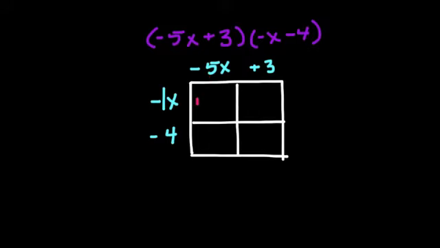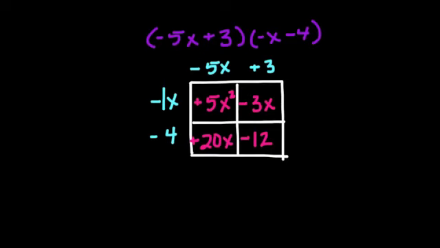That's actually going to leave me with a positive 5x squared, again because that's two x's. Then I have negative 1x times 3. That would leave me with negative 3x. Then on the bottom, I have negative 4 times negative 5x. That would give me a positive 20x. And then in the final corner, we have negative 4 times a positive 3. That would give me a negative 12.